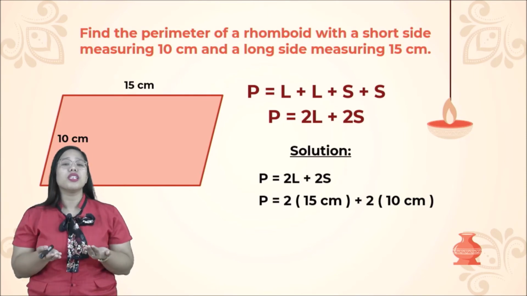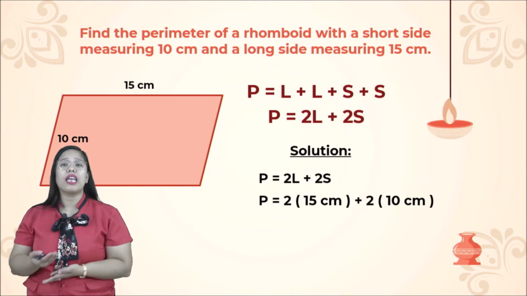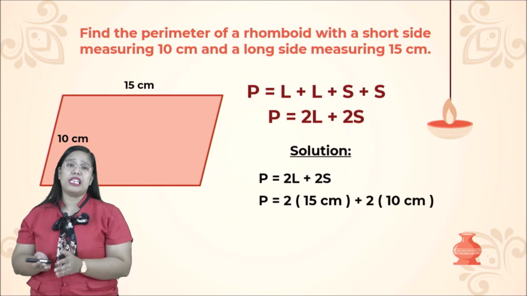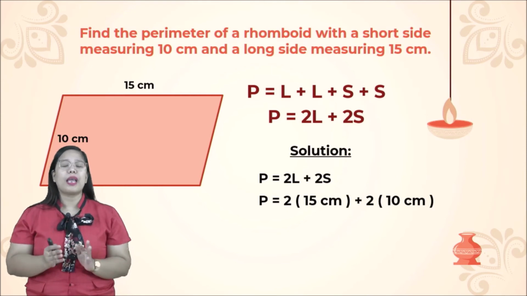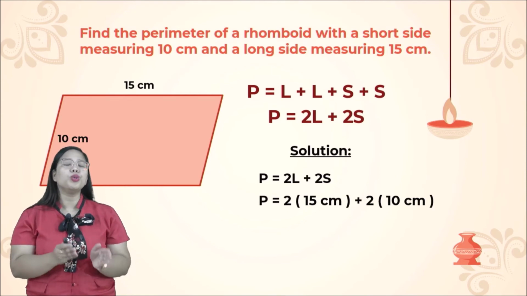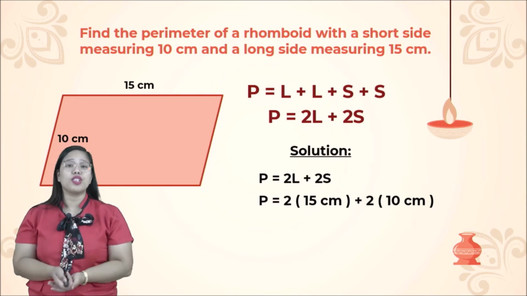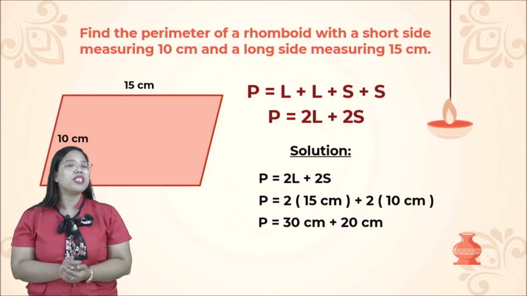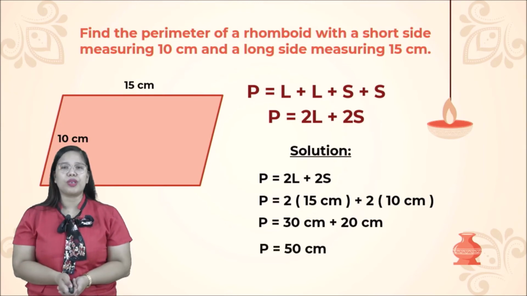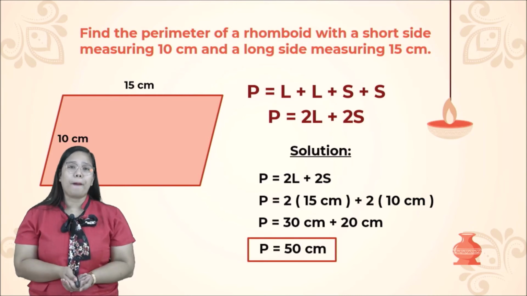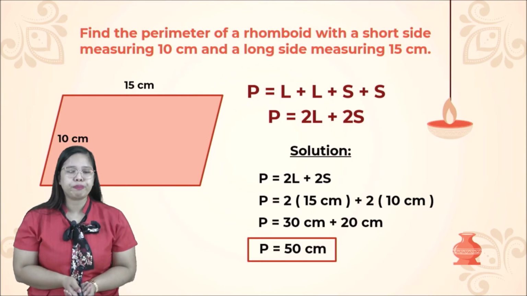We will just substitute the value of L and the value of S. So 2 times 15 centimeters plus 2 times 10 centimeters. 2 times 15 is 30 and 2 times 10 is 20. So 30 centimeters plus 20 centimeters will become 50 centimeters, and our answer is 50 centimeters.